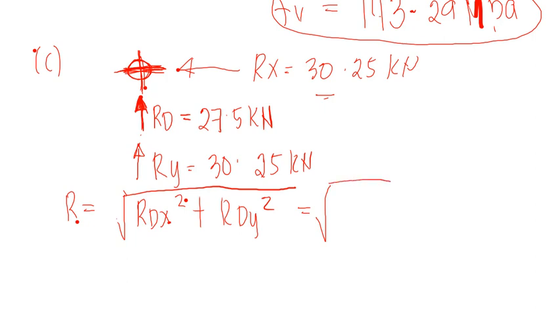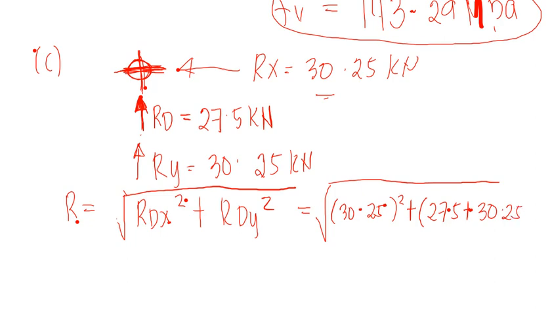So, that is square root of 30.25 squared plus ano yung y natin? Dalawa, yung due to the load and due to the moment na Ry. So, that is 27.5 plus 30.25 squared. So, solving for our maximum load, that is equal to 65.19 kilonewton.